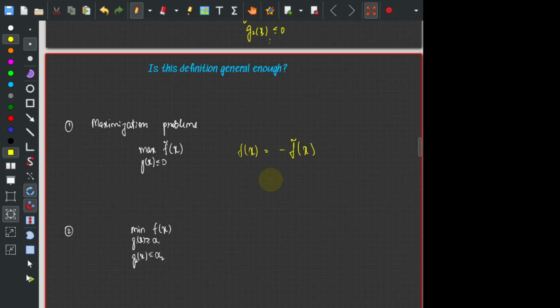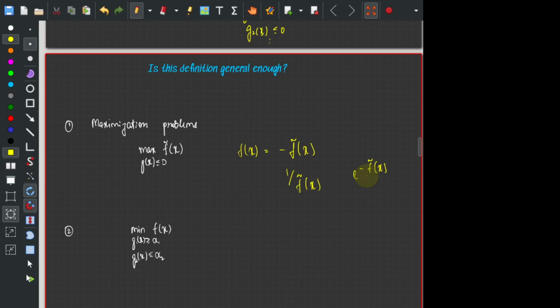So you can either take minus f tilde of x, or I can take 1 by f tilde of x. Anything else? I can take e to the power minus f tilde of x. Some arbitrary function, some h of f tilde of x, that has certain properties. What properties?